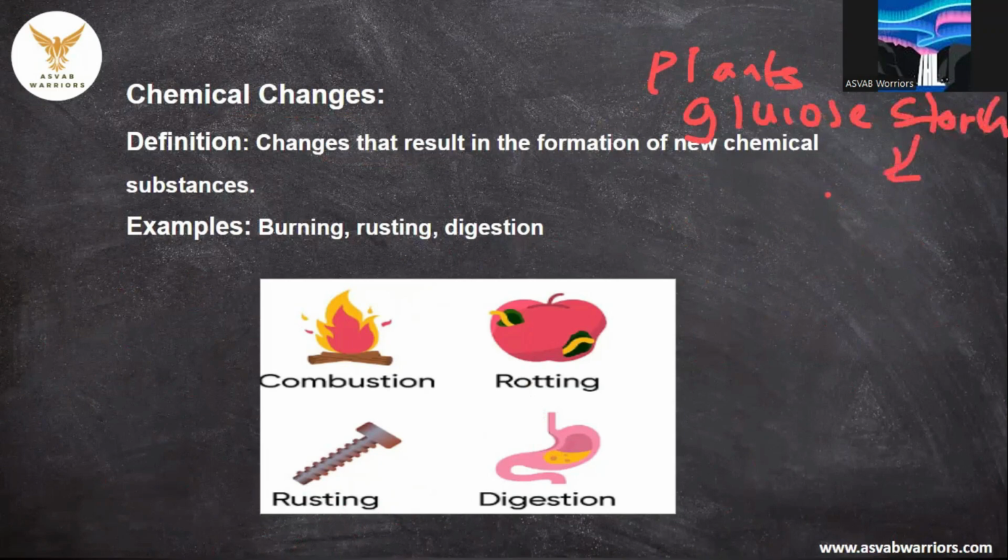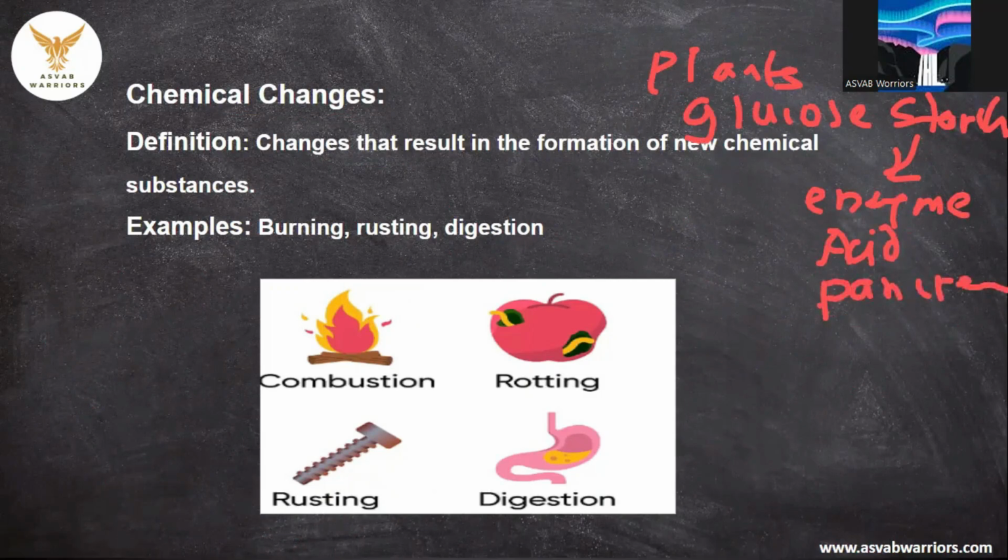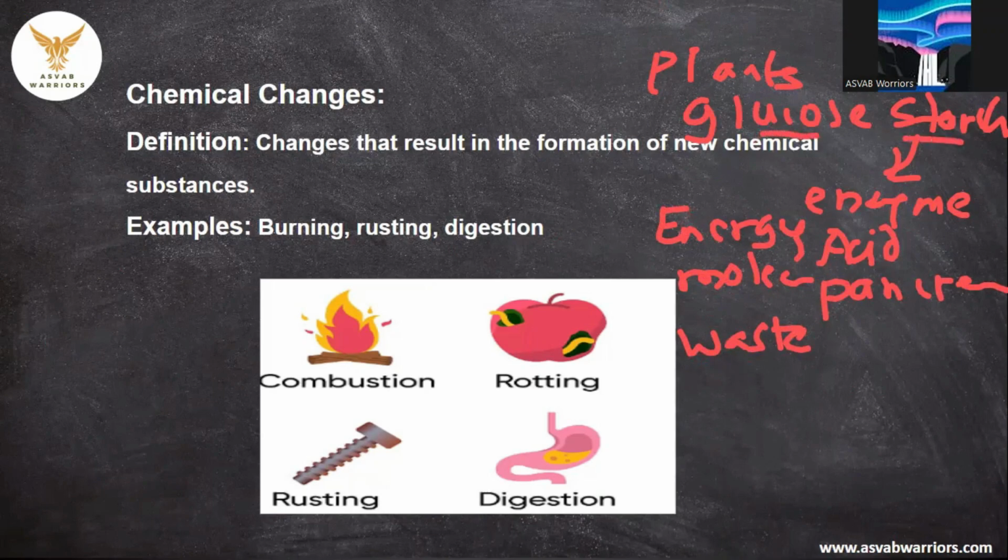Now these are broken down by enzymes, acids, and pancreatic juices in our digestive system, and then get converted into energy molecules and the waste material which is not digested by the human being. So here earlier it is glucose or starch, and now it is converted into energy and waste matter, or fecal matter.